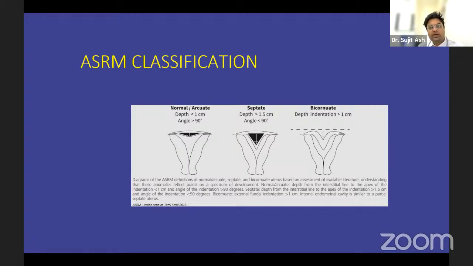But if I start with the third one thinking that it's a septum, I'll perforate the uterus because there is no muscle in between and I'll just exit from the uterine cavity. So therefore, if you have a 3D ultrasound, or a concurrent laparoscopy, you will be at a better position to differentiate between a septate uterus and a biconvex uterus.